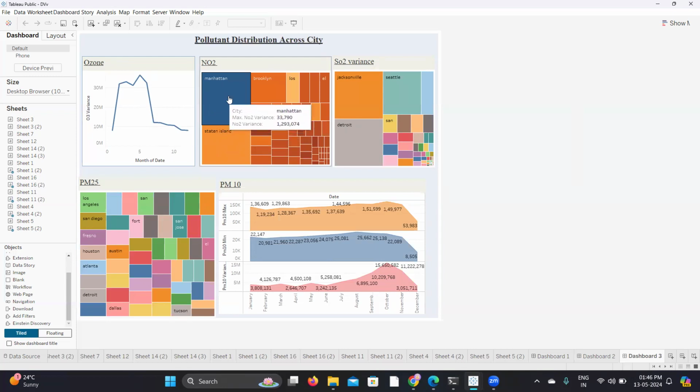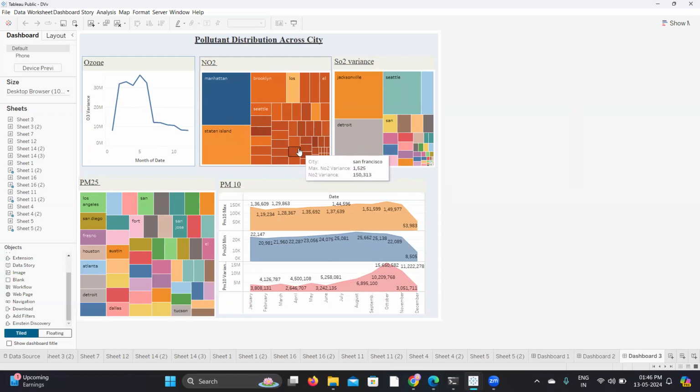This tree map visualizes the distribution of nitrogen dioxide (NO2) levels across different cities. Each block represents a city, with the size indicating the relative amount of NO2 detected and the color depth signaling the intensity of NO2 pollution.